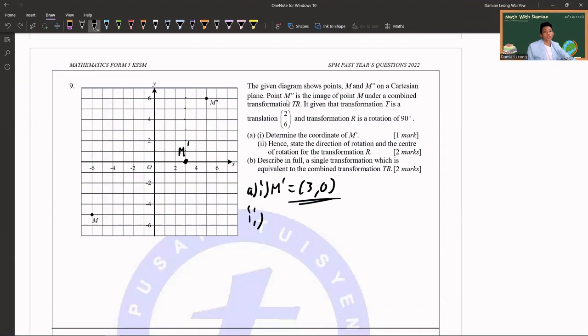Say direction of rotation and center of rotation for transformation R. So I want to go from M to M prime. I know it's 90 degrees rotation. So I just find the center of rotation. So definitely it's going to go, actually wait. It's a 90 degrees rotation.